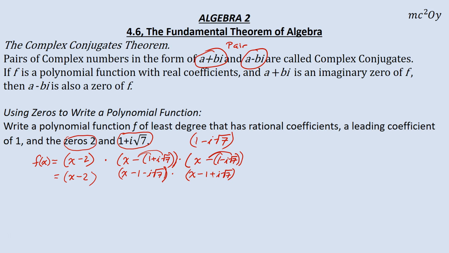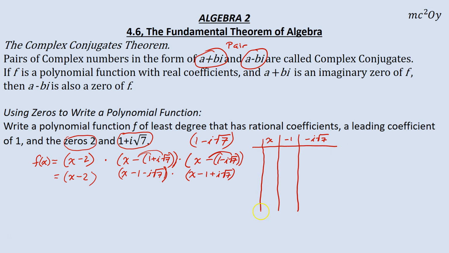Now I can multiply this trinomial by this trinomial. How am I going to do that? The easiest way to keep yourself organized, for those of you who struggle with just doing FOIL, or the distributive property, this times this, that times that, and so on, is to make an area model, where you list each term: x, negative 1, and negative i root 7. You give each of them their own areas here.